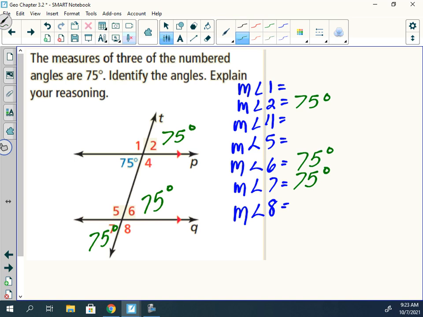Because we can say it's corresponding with angle 2, or it's alternate interior angles with angle 3, or vertical angles with angle 7, because all of those show us that those are 75.